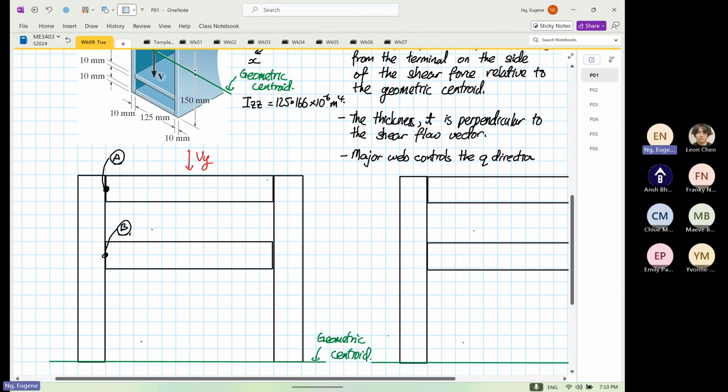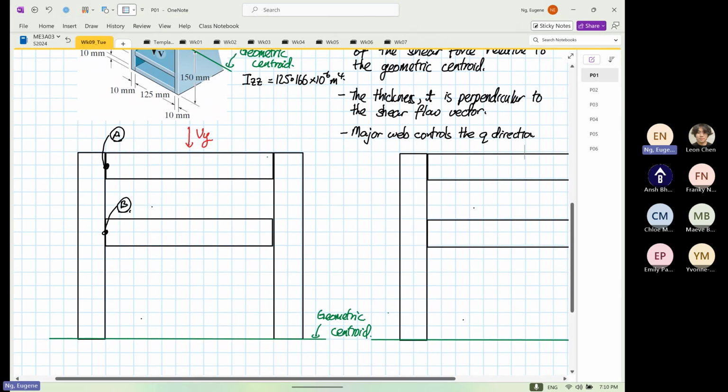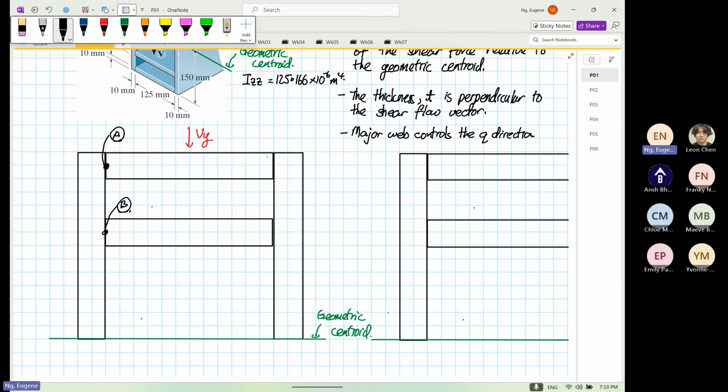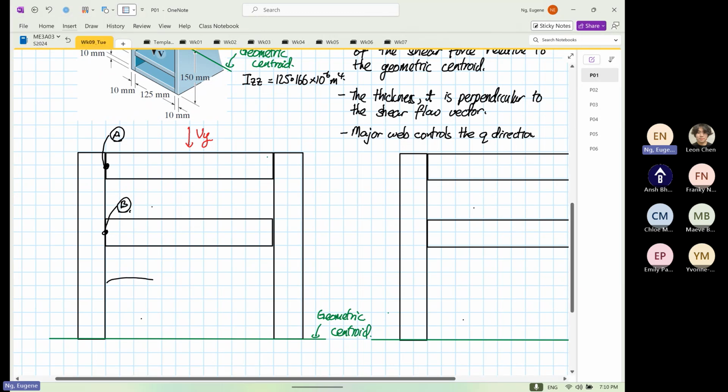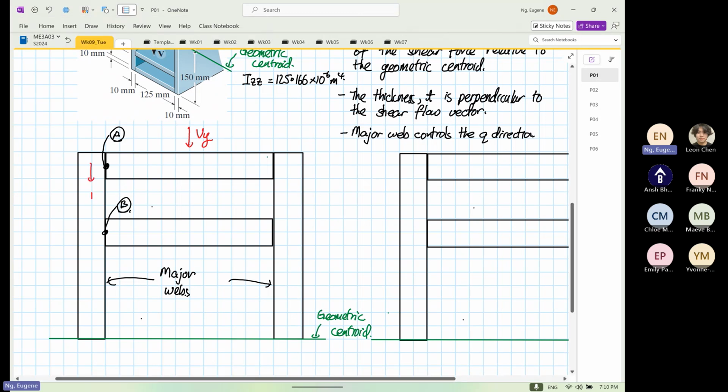So we're going to design our shear flow on a major web, and the major webs are the two vertical webs. So I'll label this, so this and this are our major webs. So we design our shear flow, it will be coming down this way.